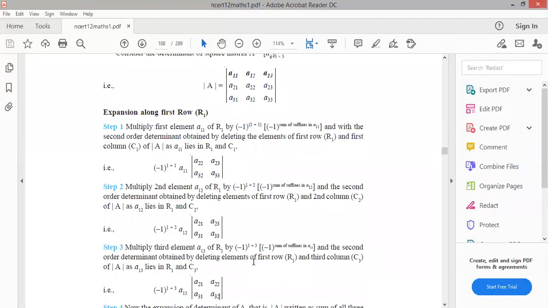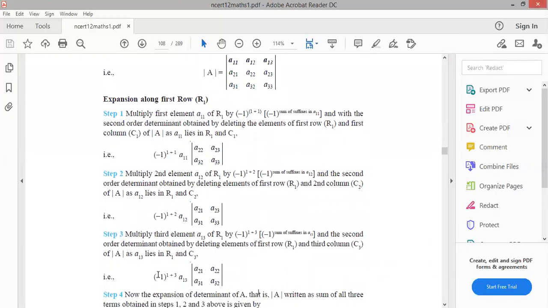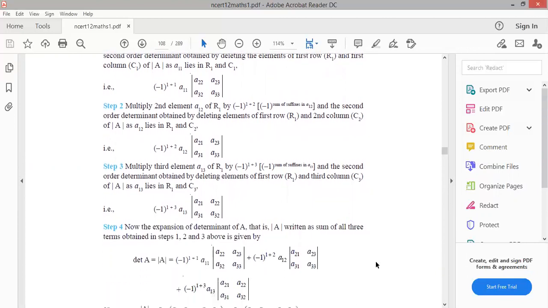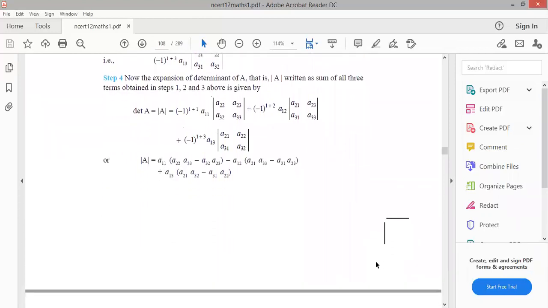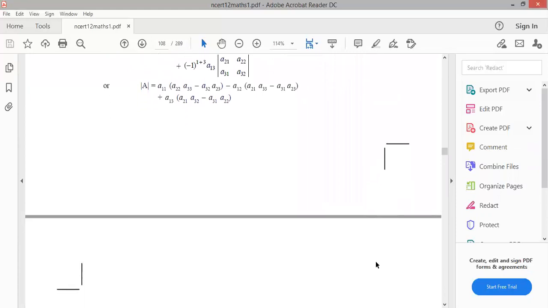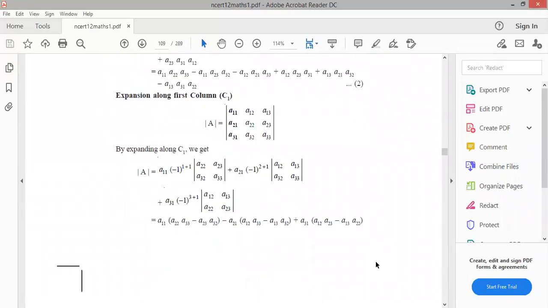And next, the quantity associated with A13. So the summation of all the three steps gives the determinant of the given matrix.